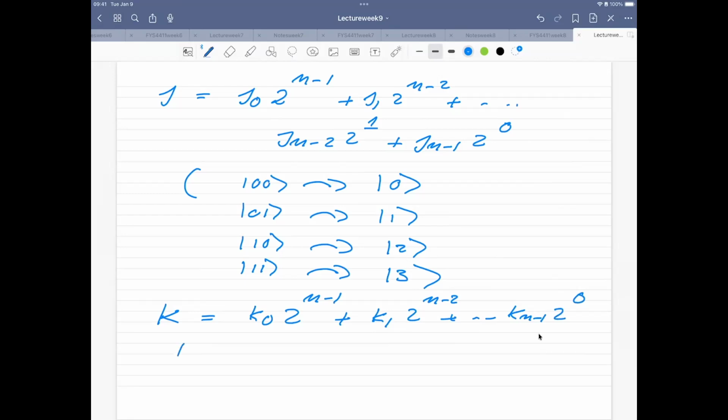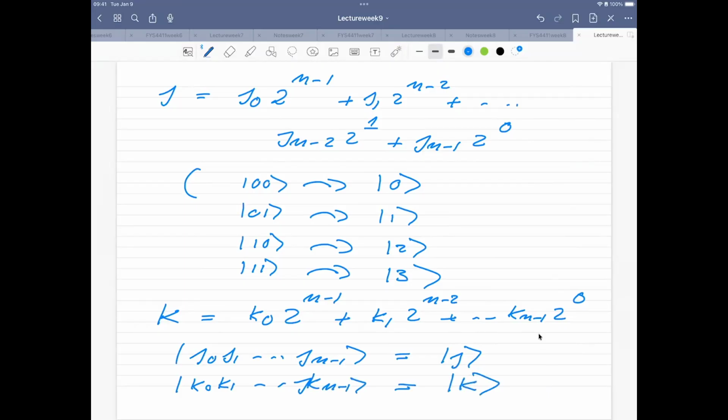So what I have then is a state like J_0, J_1 up to J_(n-1), which is equal to this state which we just labeled J. Similarly, I have K_0, K_1, and so on, and these are tensor products. Keep that in mind. And this is equal to a given state K.